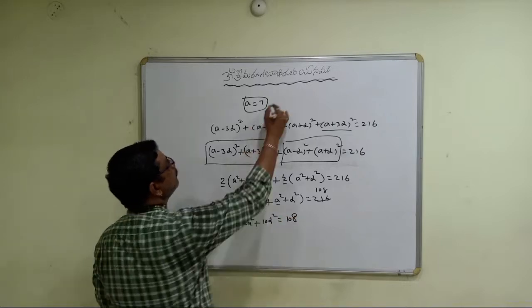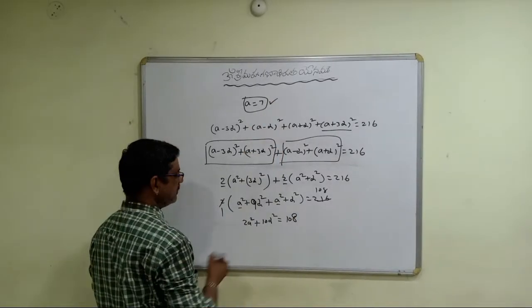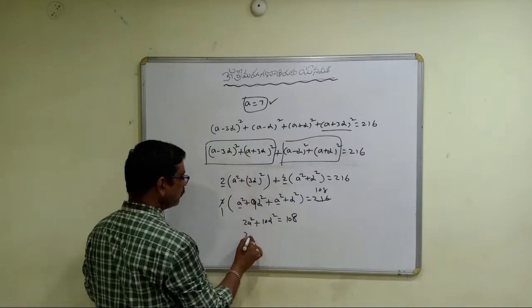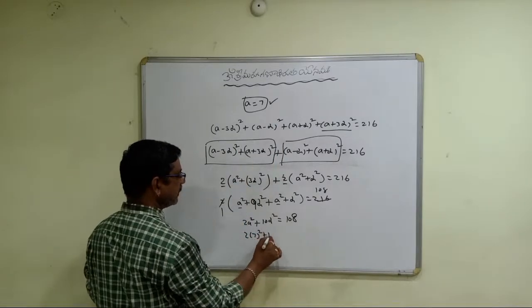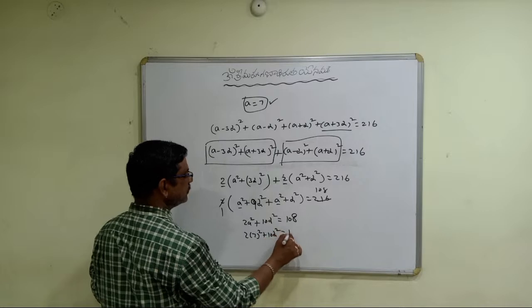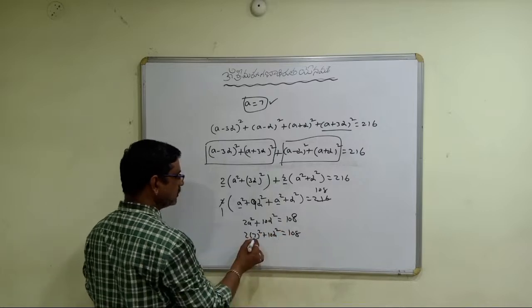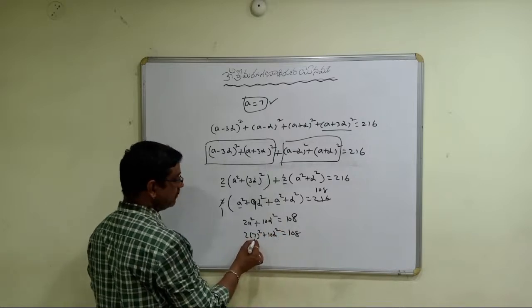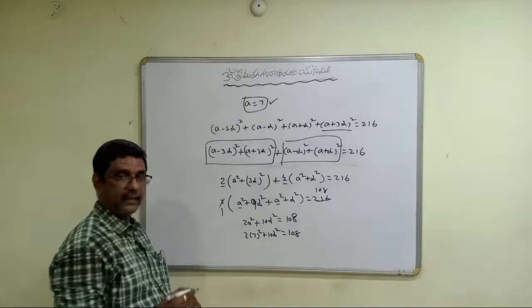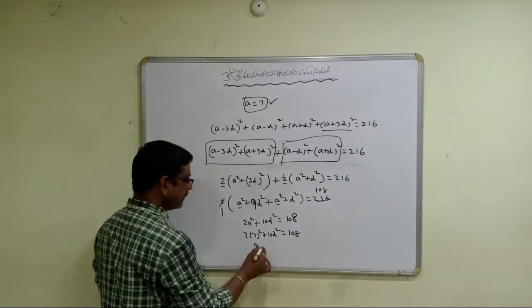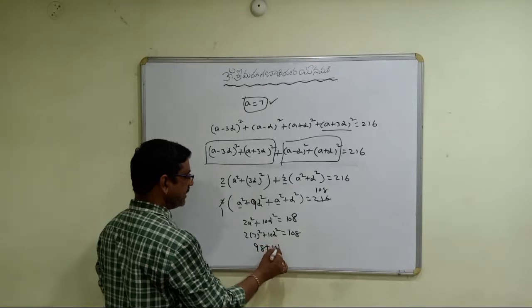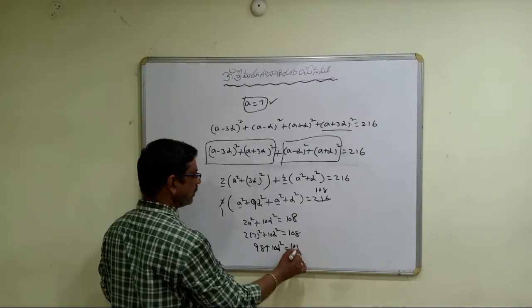Now we know a is 7. Apply that one: 2 into 7 square plus 10d square is equal to 108. 7 square is 49, 49 twos are 98. So here 98 plus 10d square is equal to 108.